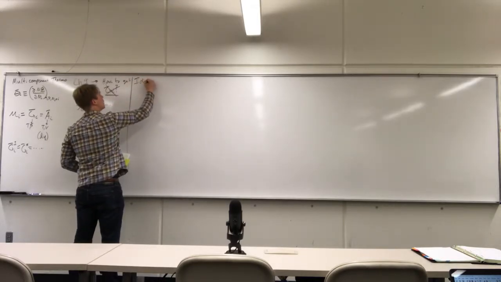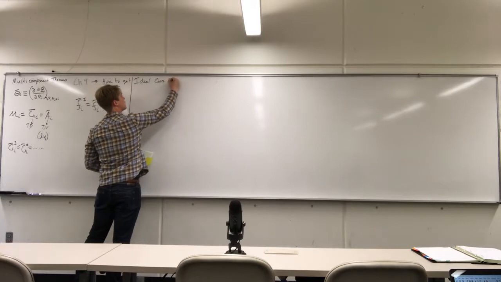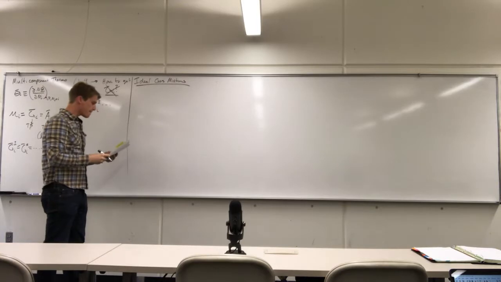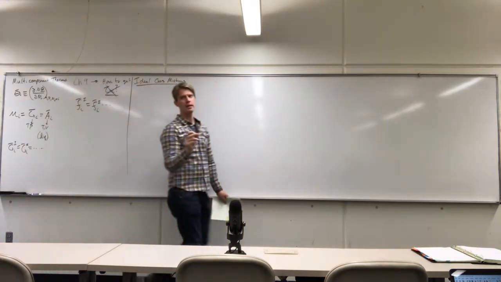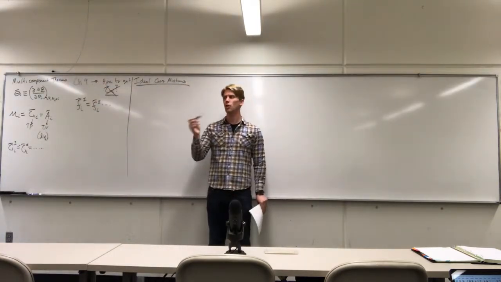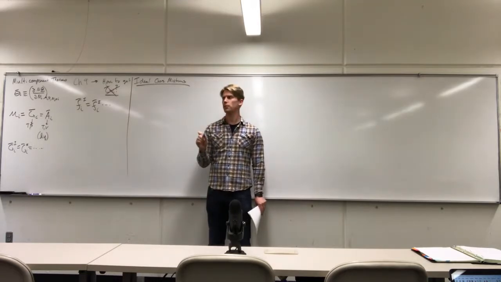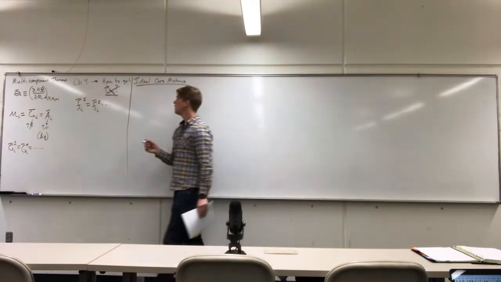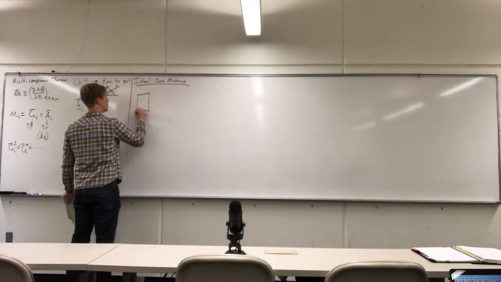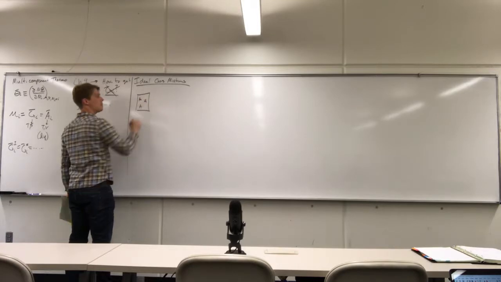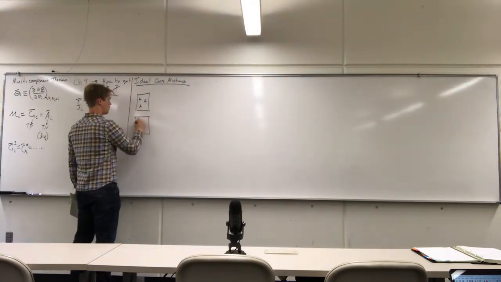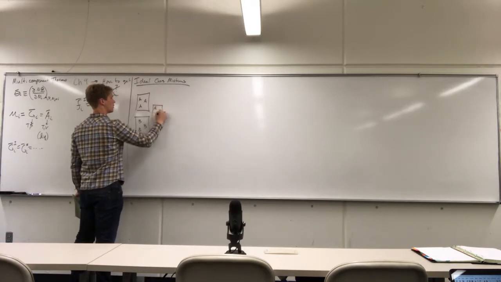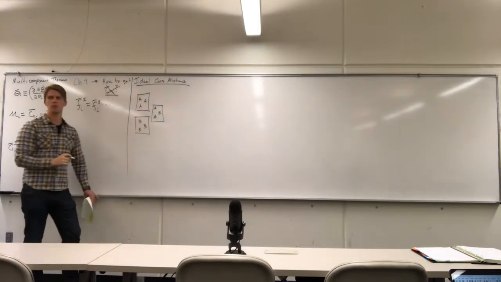Ideal gas mixtures. The basic premise of an ideal gas is that the molecule density is so low that there is zero interaction between any of the molecules in the system. So it doesn't matter if I have a system of only A molecules, only B molecules, or a mixture of A and B molecules.